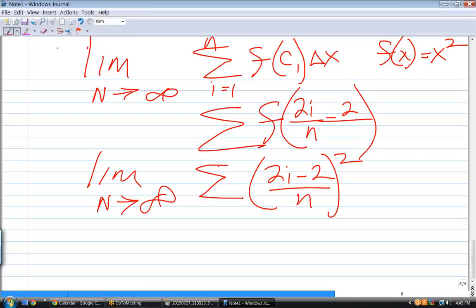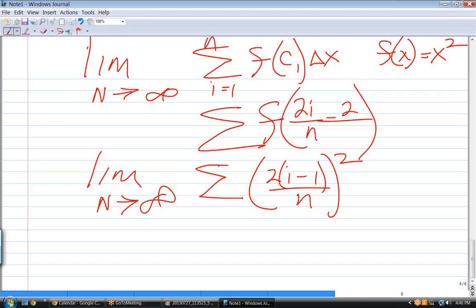I can factor that 2 out, make it look like this, as long as I still leave the 2 inside the squaring. Now there we plugged in what c sub I was for x.